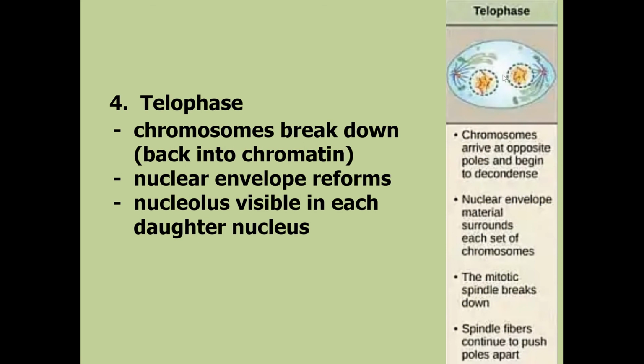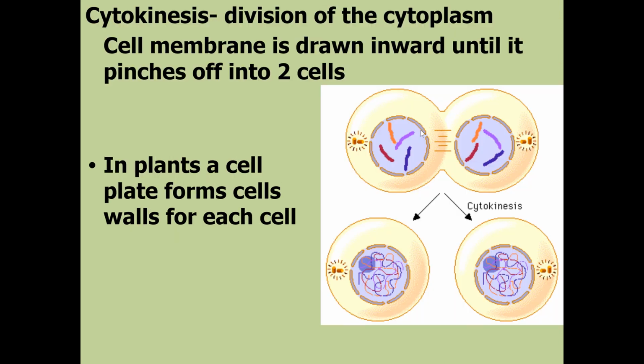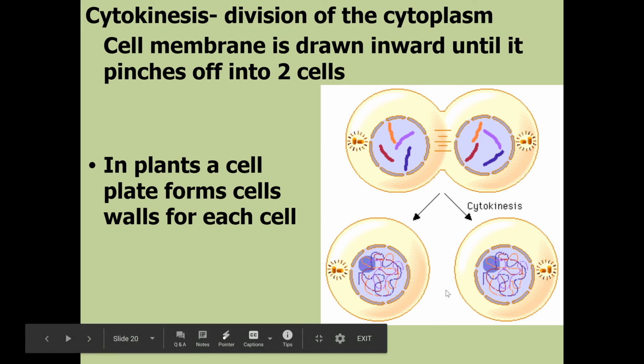The cytoplasm will start to split, like right here. And they start to kind of move, and it pinches off into two new cells. So cytokinesis makes this one blob into two brand new cells. And in plant cells, these are animal cells. In plant cells, the cell wall forms as well as the cell membrane.